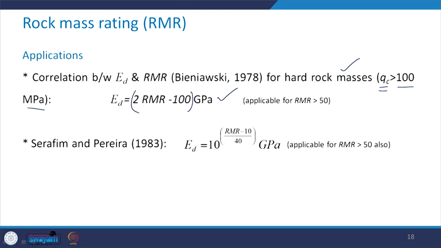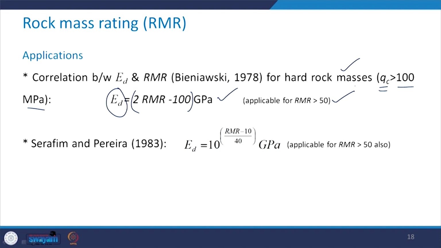This is applicable for RMR more than 50, because if RMR is less than 50, this ED will become negative, which is physically not possible. So it has a condition associated with it, that it is applicable for RMR greater than 50.